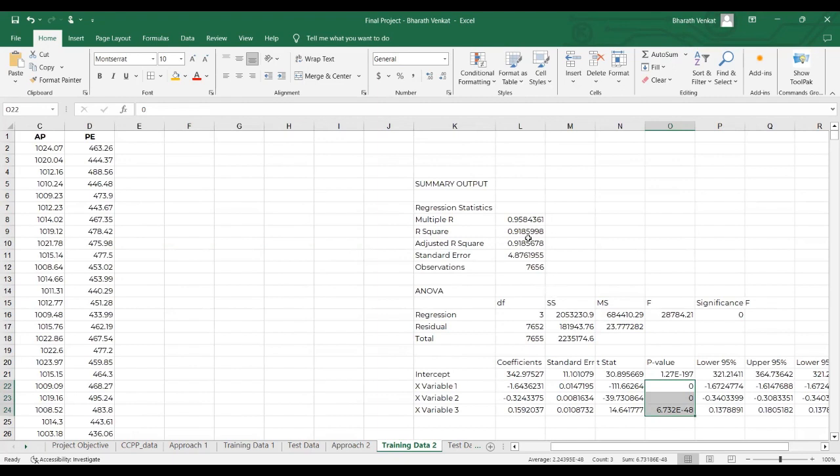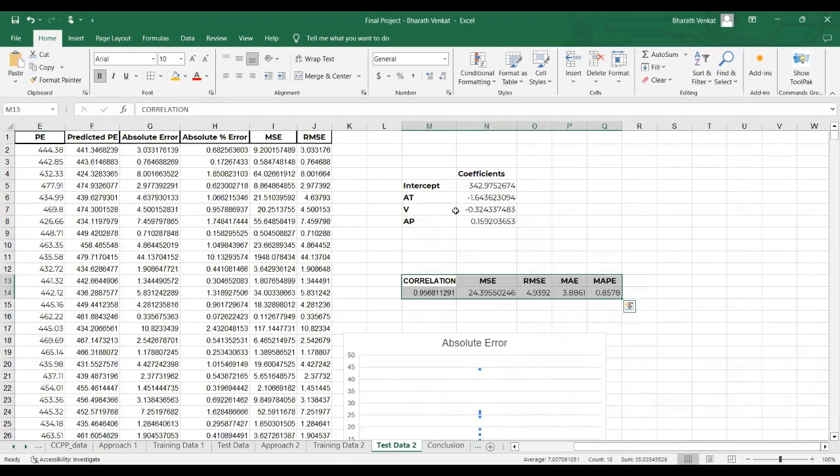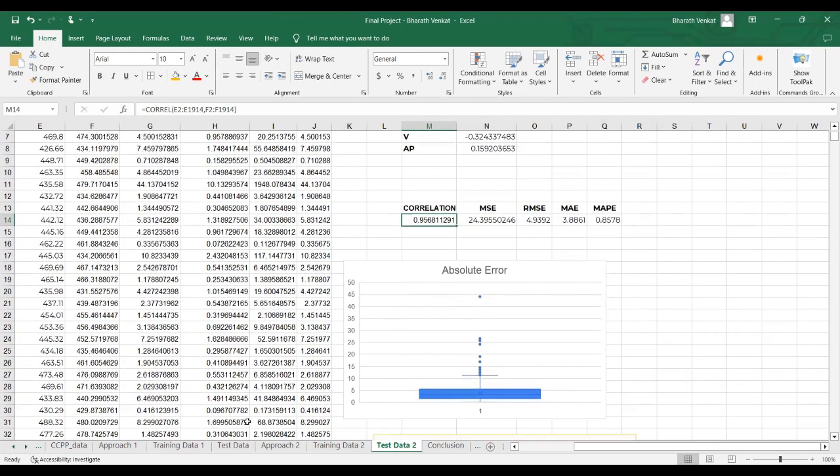But when there are interactions, it's good to consider the interactions also, and that is what we do in experimental design. But let's now focus on the three variables. On the p-value, all of them are very close to 0, which basically says that all of them are significant and impact the output. Now applying the same intercepts and same method to test data, we calculated the same values, and the correlation was 95 here, and there it was around 96.